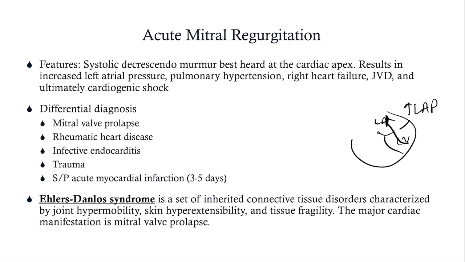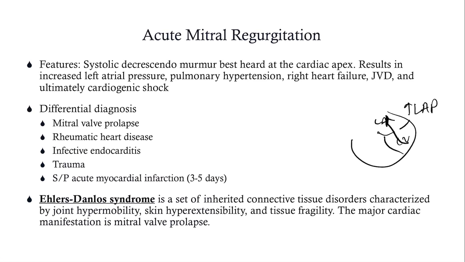Differential diagnosis here. So mitral valve prolapse can cause a mitral regurgitation, but it would not have such an acute presentation. Rheumatic heart disease is another thing that can affect the valve and cause a regurgitation. We don't expect that in this patient because we aren't given any history that's consistent with that.